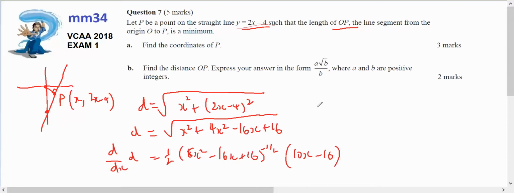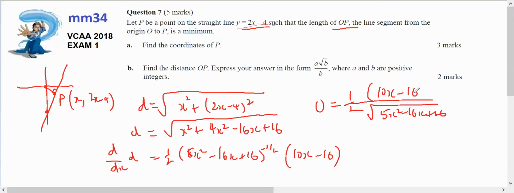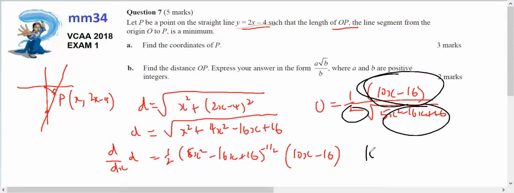And if I set that equal to 0, my top is 10x minus 16. Since it's equal to 0, the 2 can't equal 0, that can't equal 0. This is the only thing that can equal 0. Therefore, 10x minus 16 equals 0.